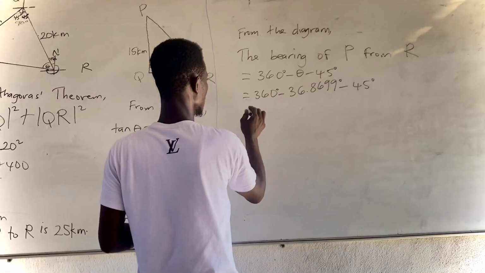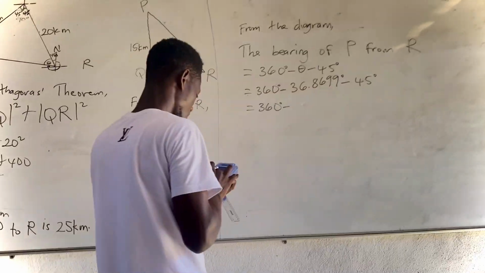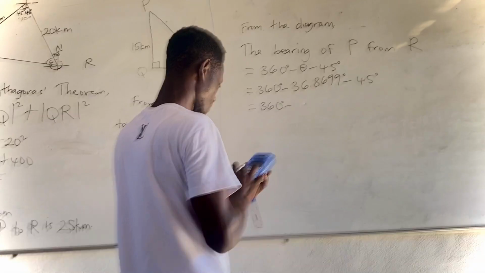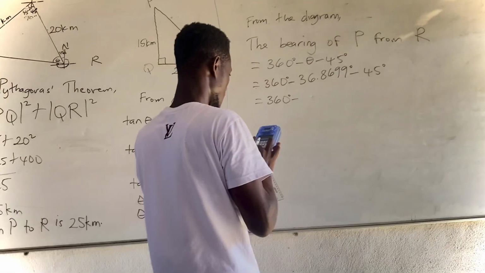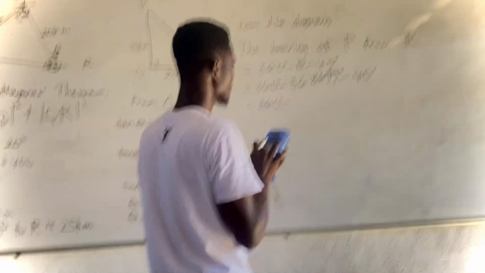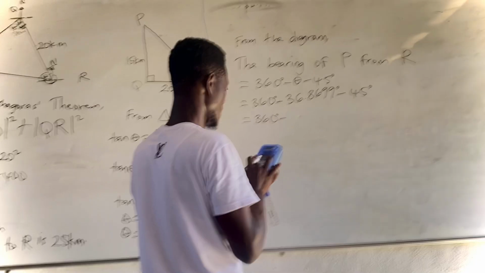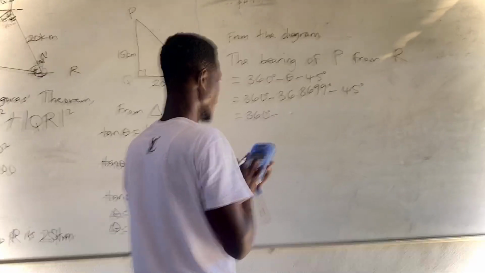So you have 360 degrees minus. We can add these two: 36.8699 plus 45.